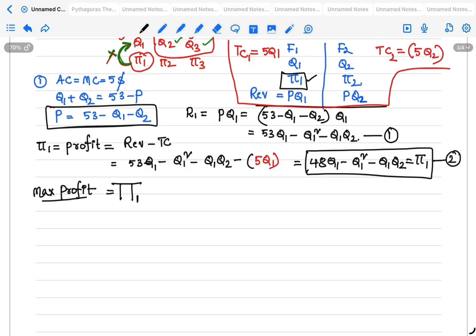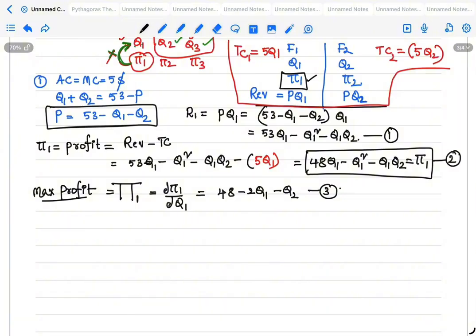Maximum profit, capital pi 1, equals dou pi 1 by dou Q1. That is the partial differentiation with respect to Q1. So 48 minus 2 Q1 minus Q2. This is equation number 3.